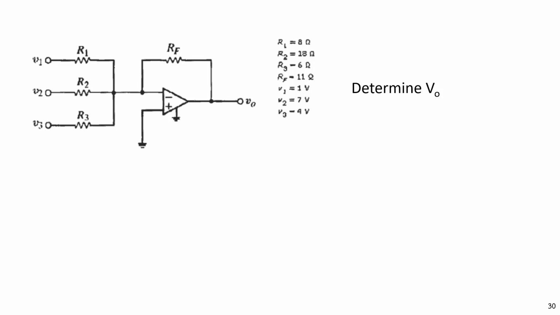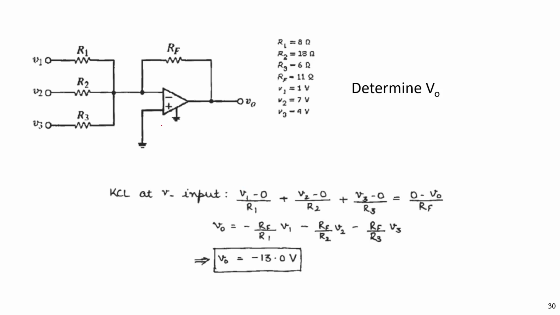Here is the summer amp: V1 by R1 plus V2 by R2 plus V3 by R3 equals minus Vout by Rf, right? This is 0 volt. So we can just use the summer amp formula, and we get the output of minus 16.